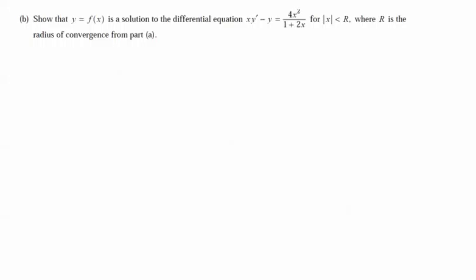In this second part, we want to show that y equals f of x, which is the series that we're working with, is a solution to the differential equation x y prime minus y equals 4x squared over 1 plus 2x, for absolute value of x is less than capital R, where capital R is the radius of convergence from part A. Well, we know from part A that the radius of convergence is 1/2.